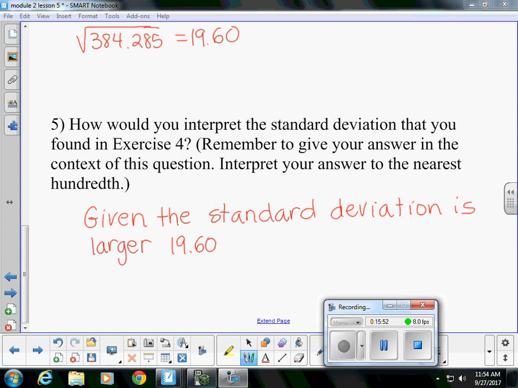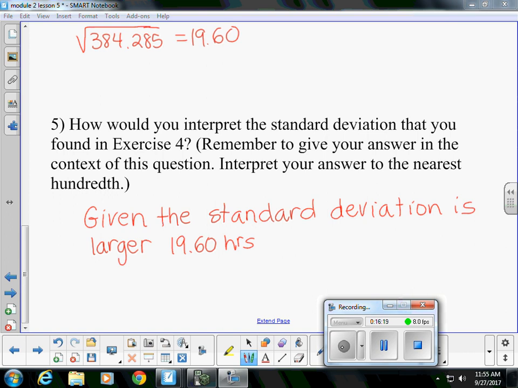Okay, so the battery lives were given in hours, so that would mean that this is 19.6 hours. So what that standard deviation is telling us is that the battery lives might be anywhere from 19 hours from whatever the average life is.